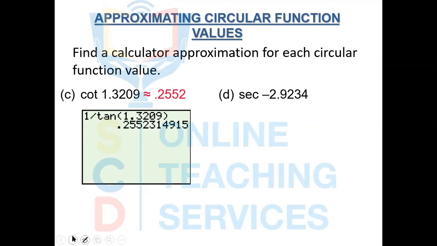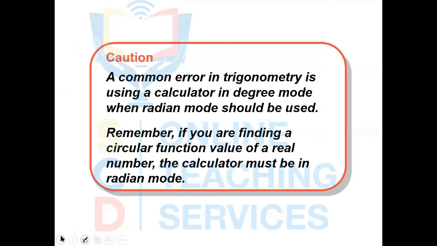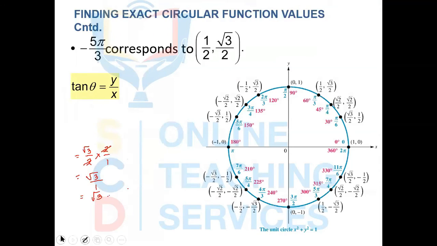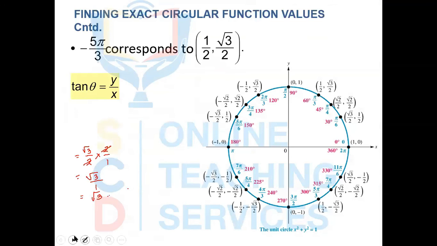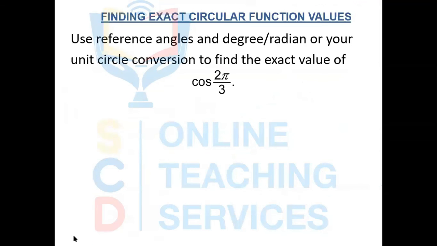0.255231. Yes, correct. Okay, so now, find the value of secant negative 2.9234. What is secant? Secant is 1 all over x, so meaning 1 all over cosine.